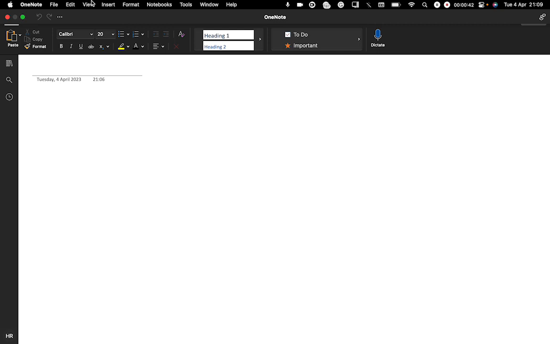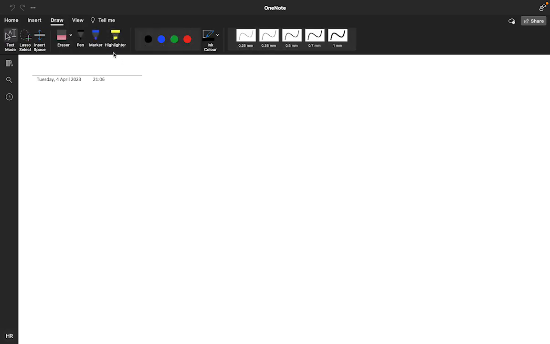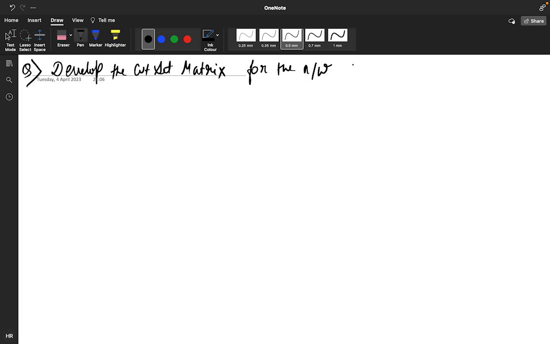Write the question: develop a cut set matrix for the network given below. So same network I am taking.